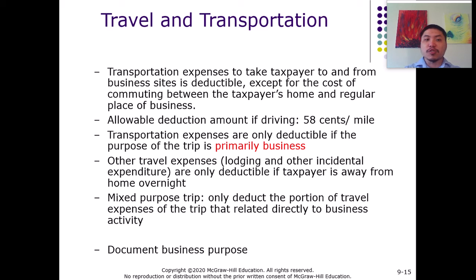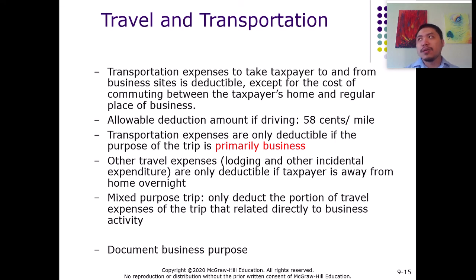If that's the case, then the transportation expense is deductible. However, if the transportation expense is to pay for the taxpayer commuting from home to a regular office or regular business site, then it is not deductible, right?